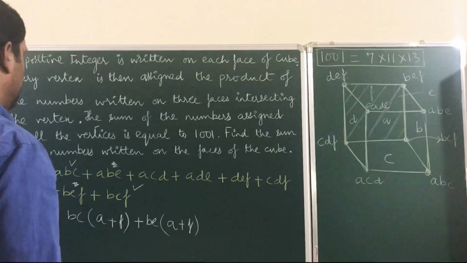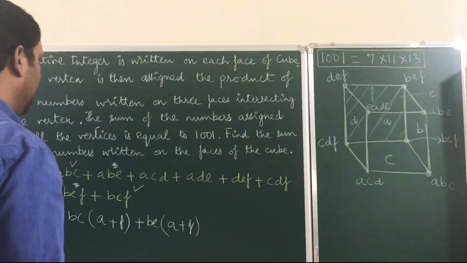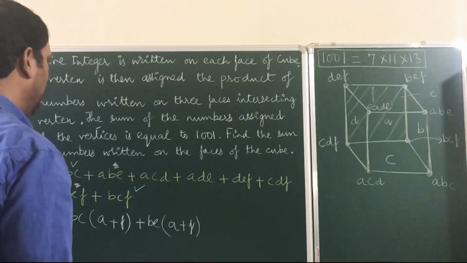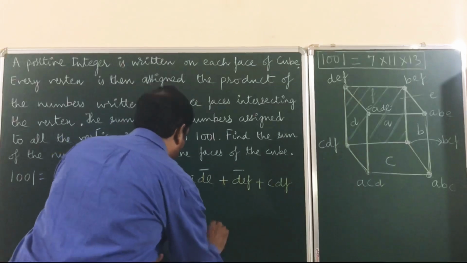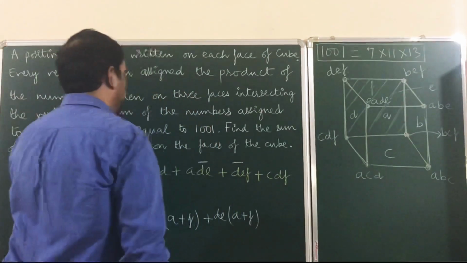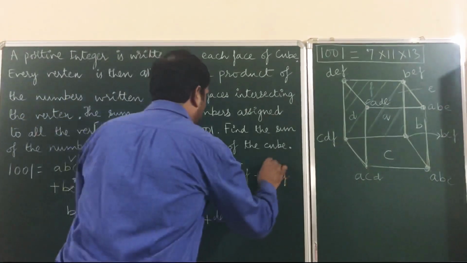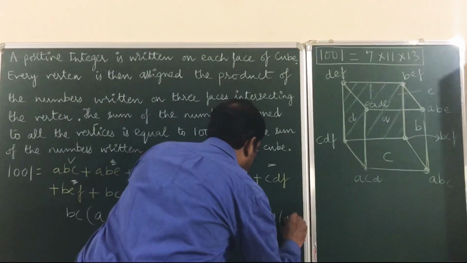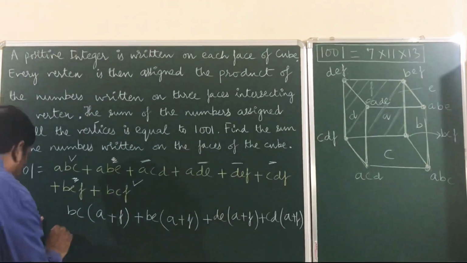What can we take common there? We need A and F there. In these two, we can take DE common, so again we'll get A plus F. And in these two, if I take CD common, we'll get again A plus F. So A plus F, everywhere we can take common.